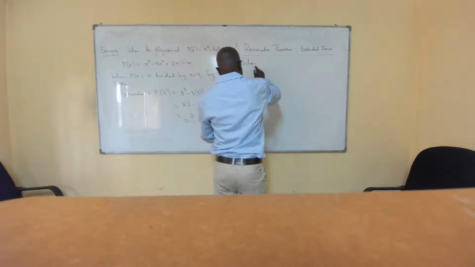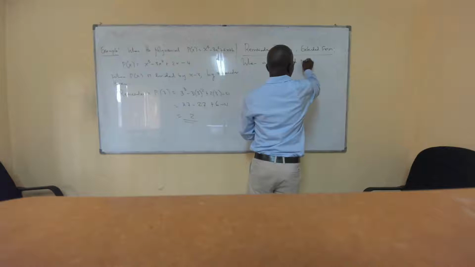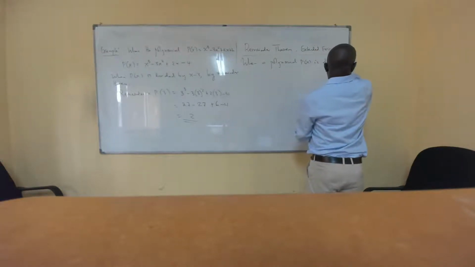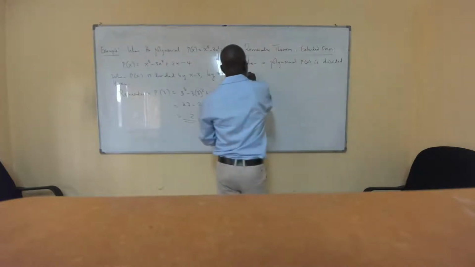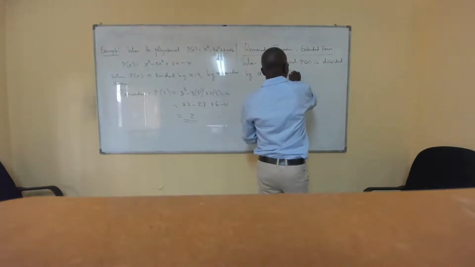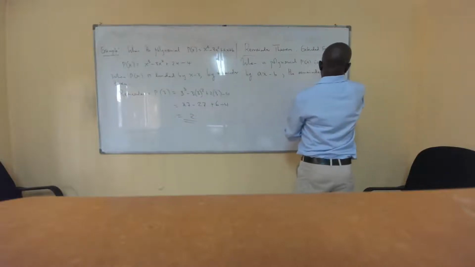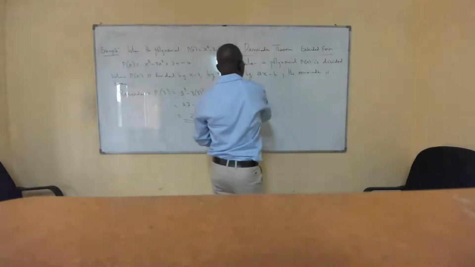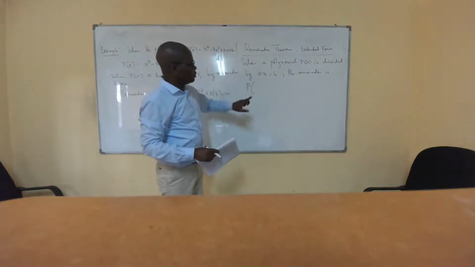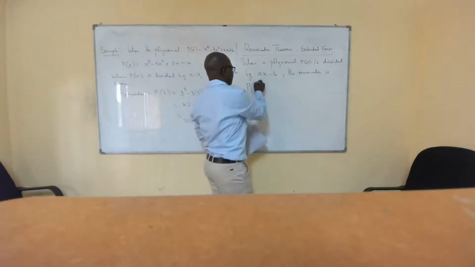So when a polynomial P of x is divided by ax minus b, the remainder is supposed to be P evaluated at the value of x which makes the divisor 0, and that's b over a.